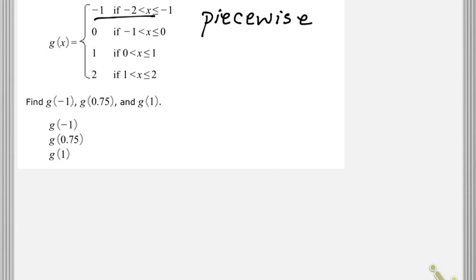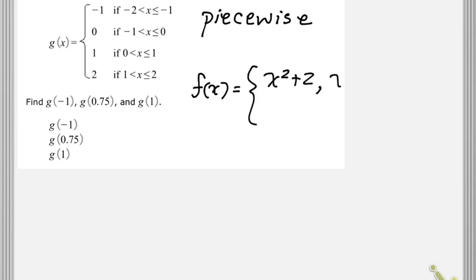Here all of the pieces are constant values. I could have a piecewise function that has polynomial values for the pieces, for instance. I could have x squared plus 2 for values of x greater than or equal to 0, and x minus 3 for values of x less than 0. So just notice the difference between those two.